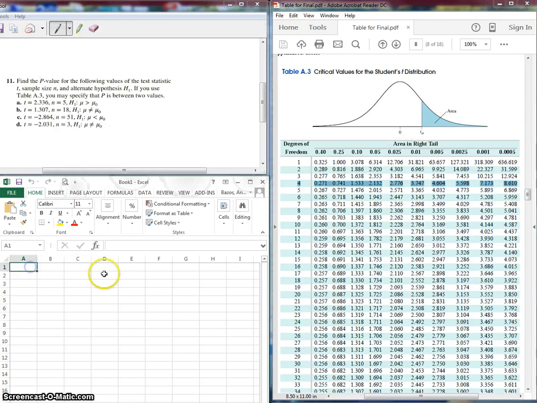So for A, type this out in Excel. Our p-value is in between 0.05 and 0.025. Since our t is in between these two values, our p-value is in between these two.